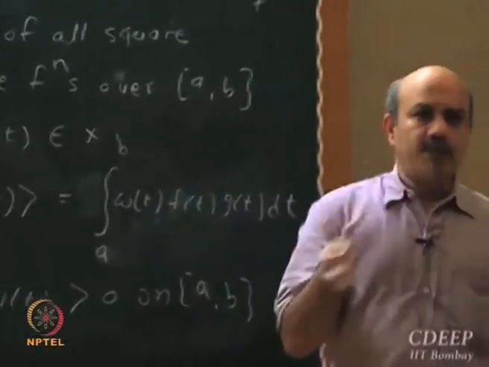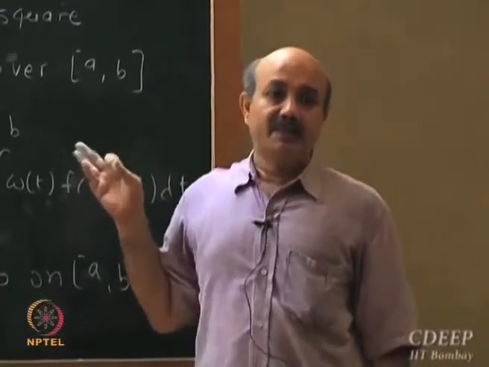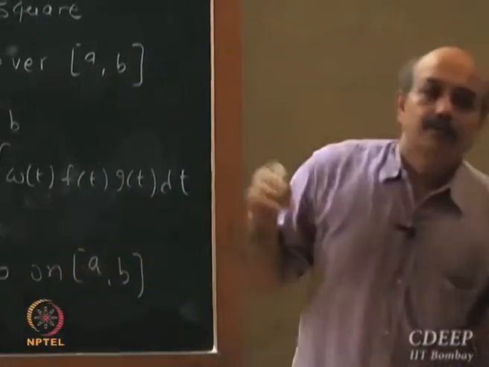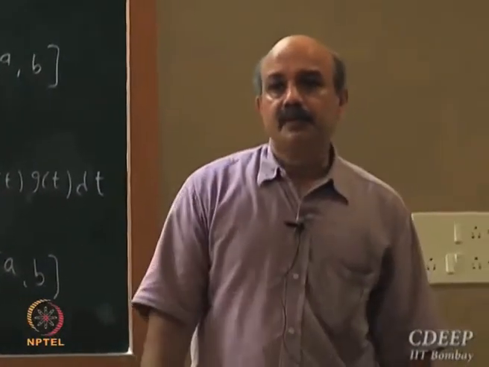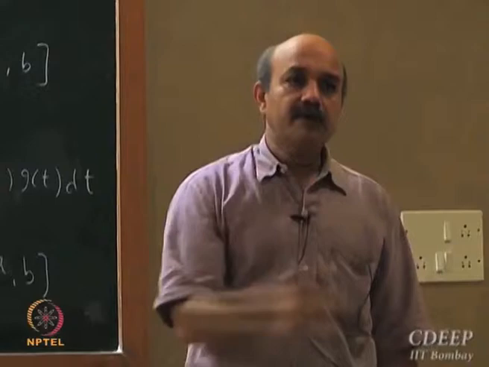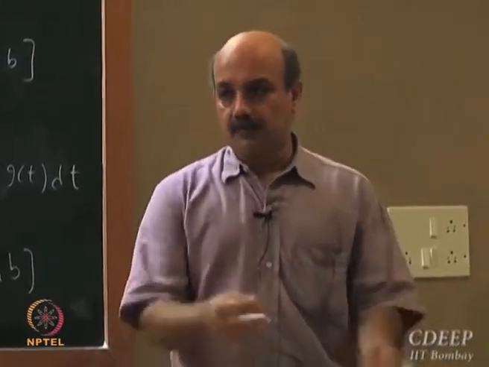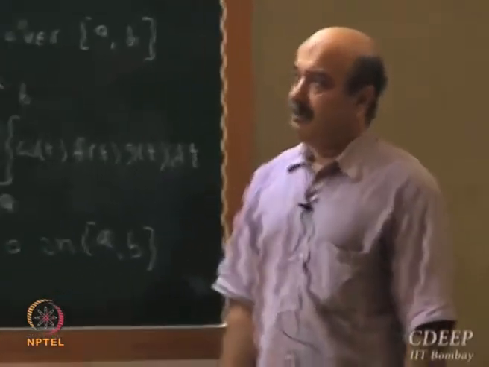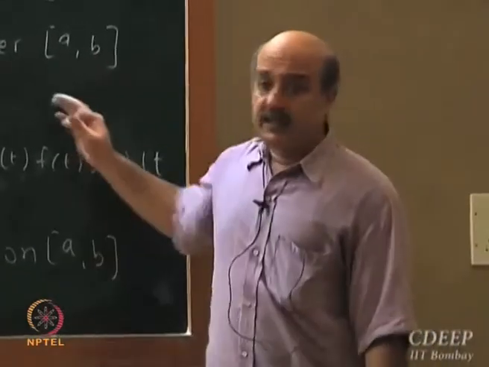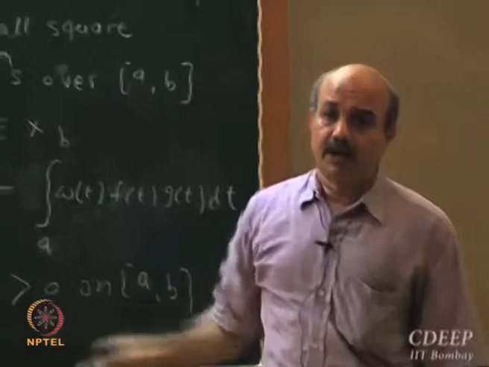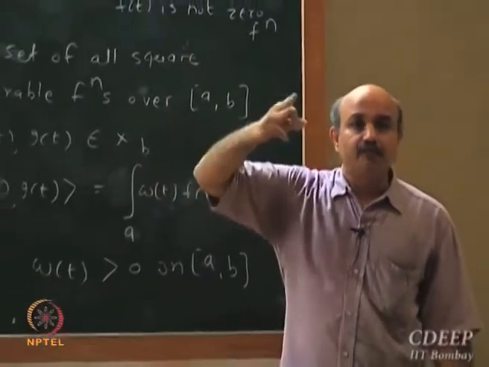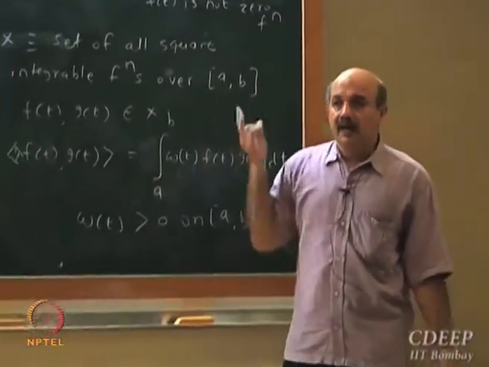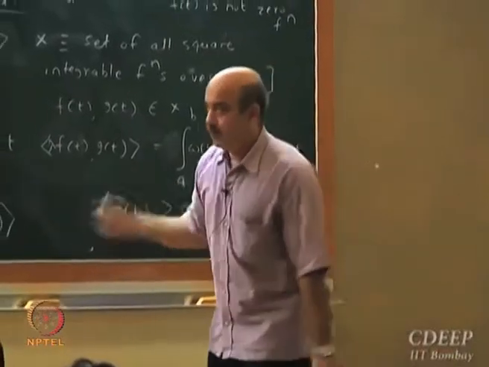You will need them when you solve partial differential equations, boundary value problems, in the mathematical methods course. So there are different ways of defining inner products, yet we have to establish two major connections. One is with the angle and the other is with the norm.